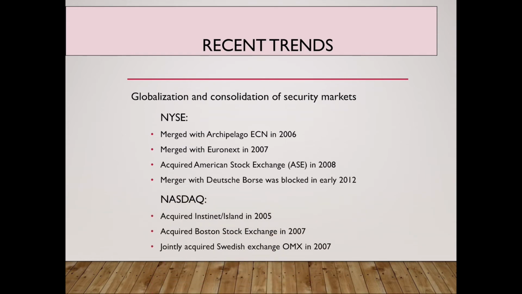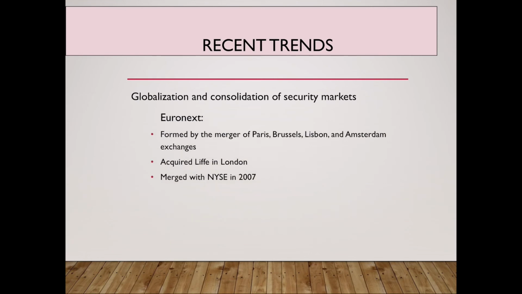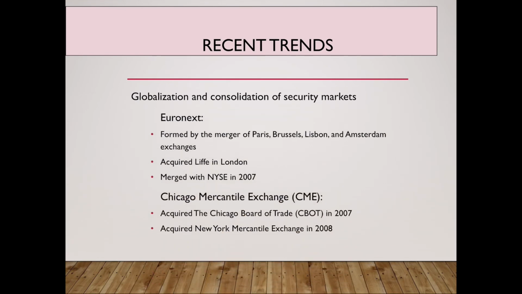Then with NASDAQ, I'm not really focused on the individual mergers and acquisitions that have occurred, more so understanding that the markets are now globalized due to primarily changes in electronic trading, and this is just showcasing what's occurred over the past 15 years or so. Additionally, we can look at Euronext and its acquisitions and mergers, and then we can also look at the Chicago Mercantile Exchange and its different acquisitions.